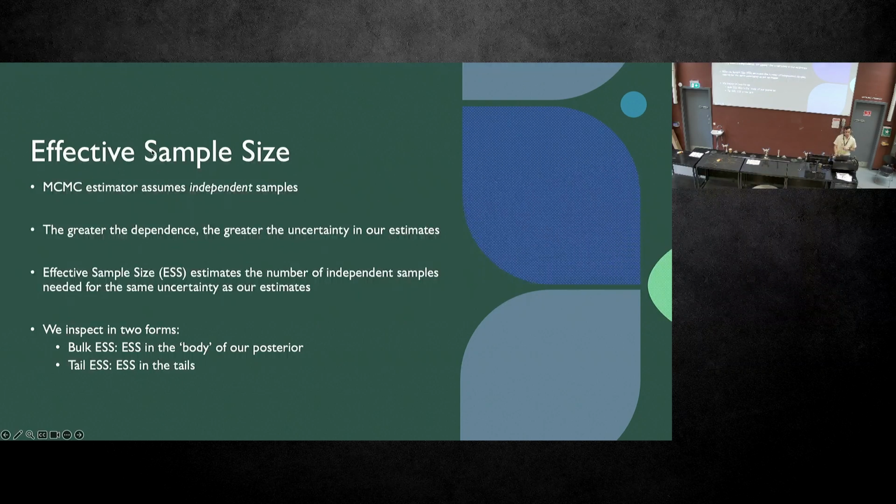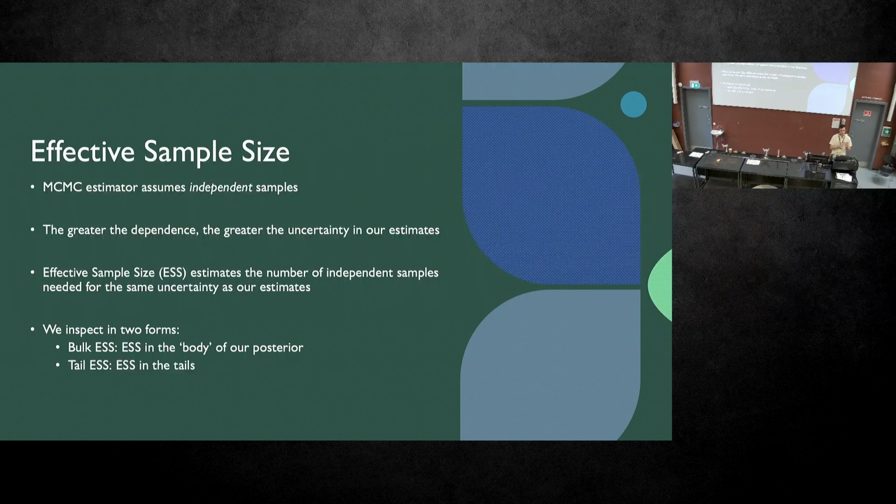So we use this statistic called the effective sample size, which gives you an estimate of the number of truly independent samples from your Markov chain. It gives you an estimate of the number of truly independent samples you would need for the same amount of uncertainty that you're currently observing. So let's say you've sampled for 4,000 iterations, but you end up with an effective sample size of 50.